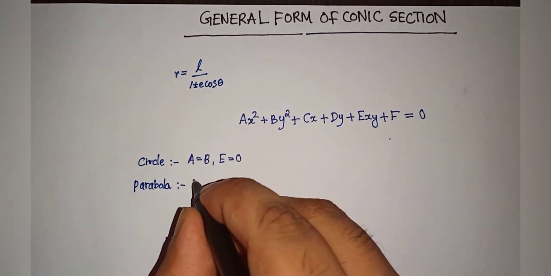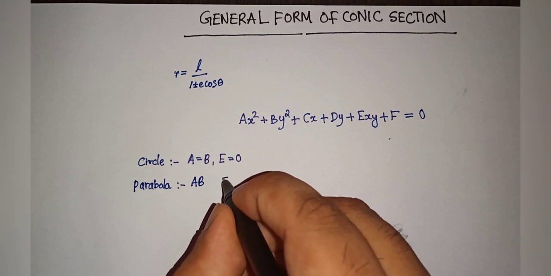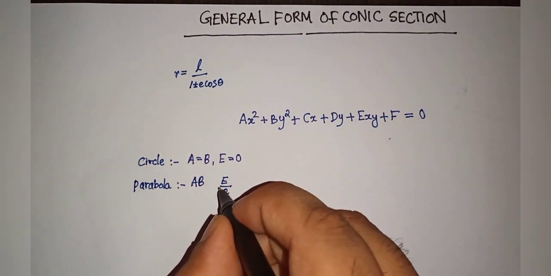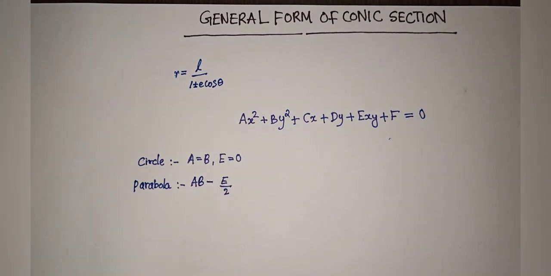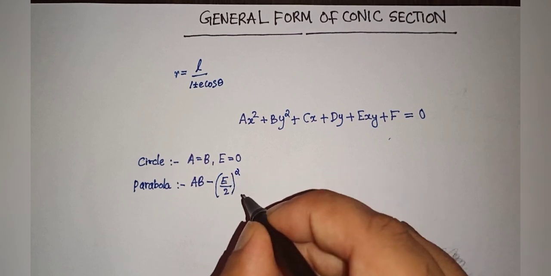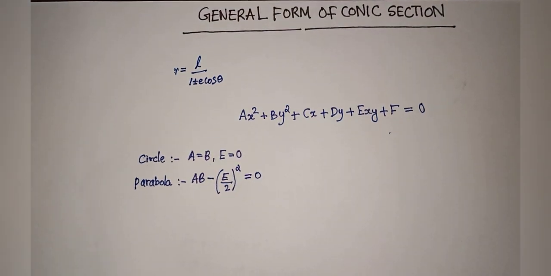You take AB and deduct (E by 2) whole square. If this is equal to 0, then this is a parabola.